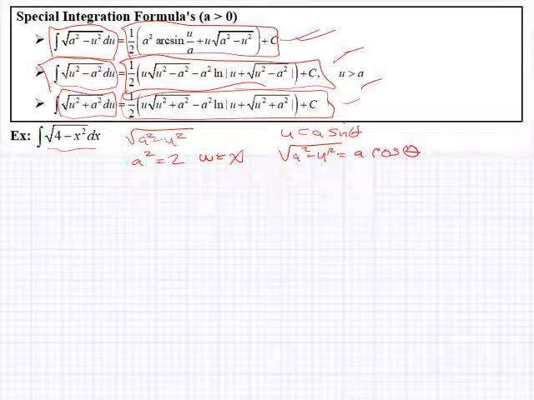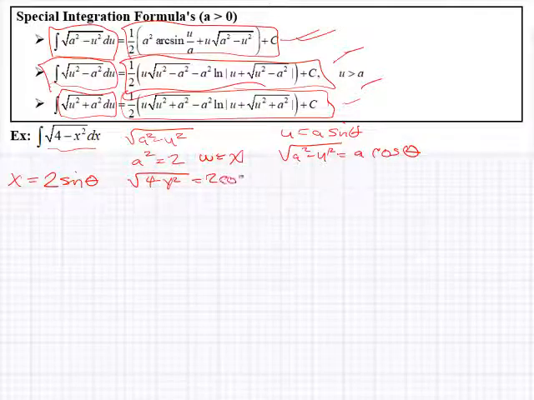So for this problem, u is x, and a is 2, so x will equal 2 sine theta. That way the square root of 4 minus x squared can equal 2 cosine theta. And then dx would equal 2 cosine theta d theta.